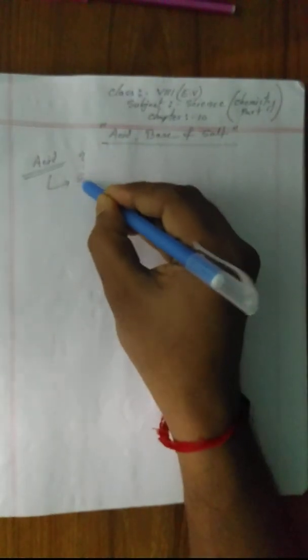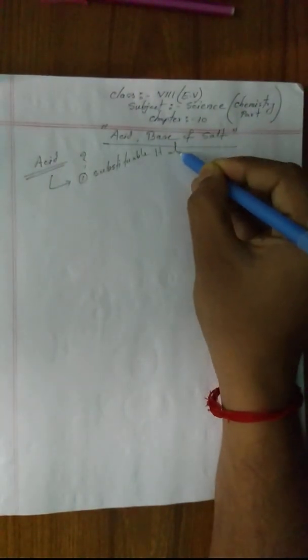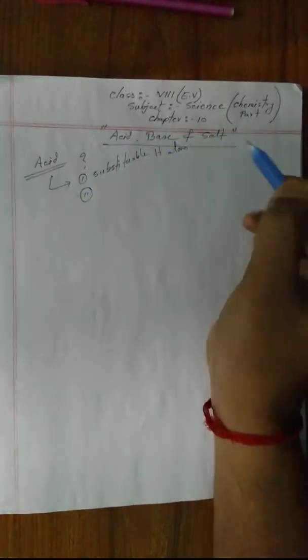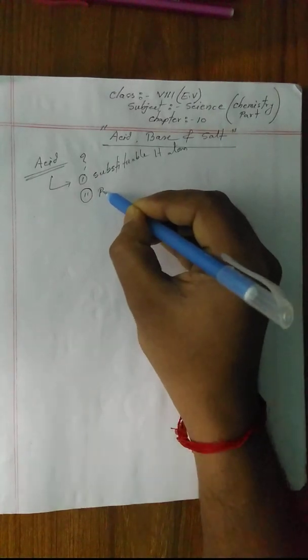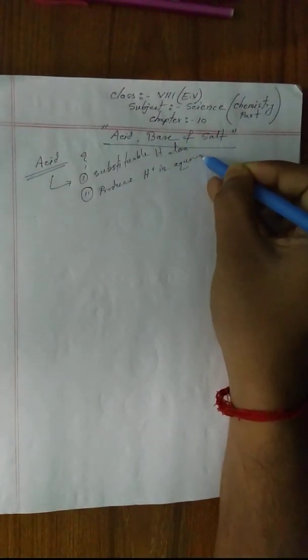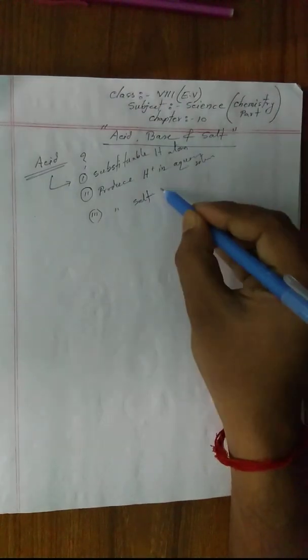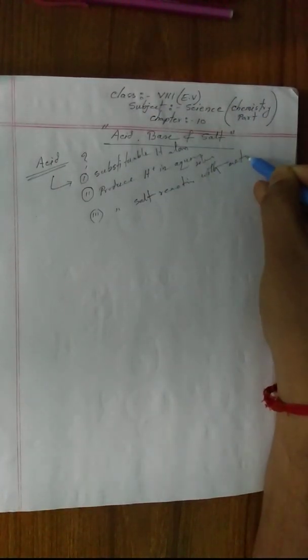What is acid? The substance that has a substitutable hydrogen atom; second, that can produce hydrogen ion in aqueous solution; and that can produce salt reacting with metal is known as acid.